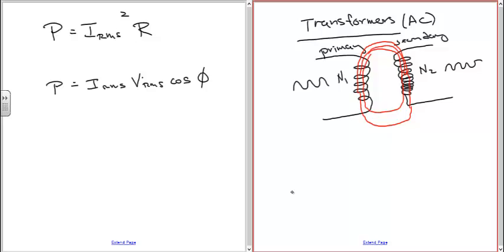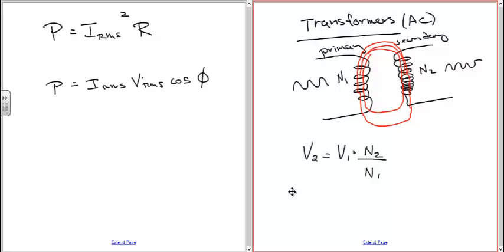Basically what you have is this relationship that the voltage in the secondary loop is equal to the voltage in the primary loop times either N1 over N2 or N2 over N1. When you have more loops in N2 than N1, you're going to increase the voltage. So it's going to be N2 over N1.